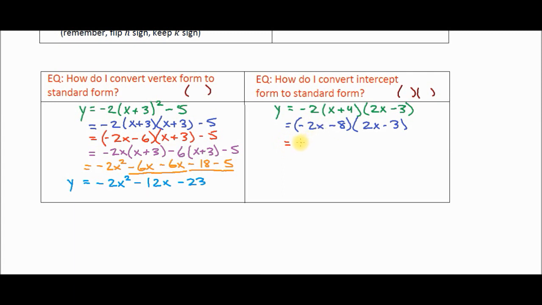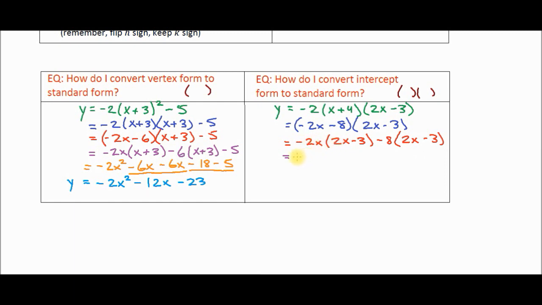The negative 2x is going to get distributed to the second binomial, 2x minus 3. And then the negative 8 is going to be distributed also to the second binomial. Next step is to distribute the monomials to the binomials. So now we have negative 2x times 2x.